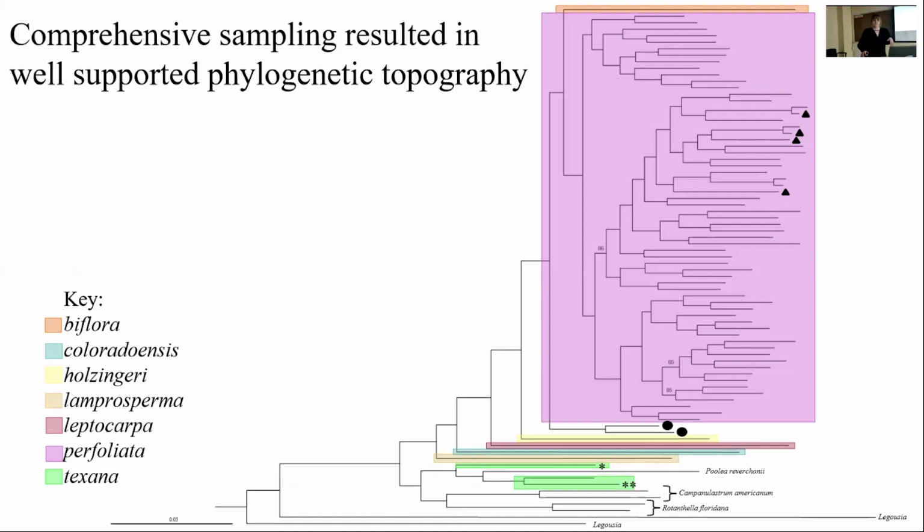So let me walk you through this tree, starting down here at Ligusia. So, shoot, I guess 5 years ago now when I started, Ligusia was described as the sister group to Triodanis. So my sampling was really focused on explaining this relationship between Ligusia and Triodanis.